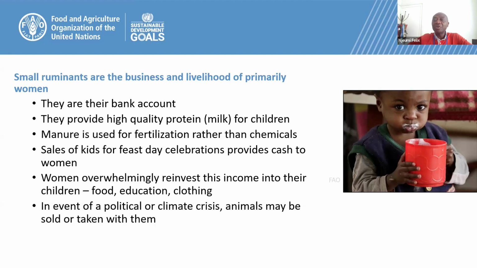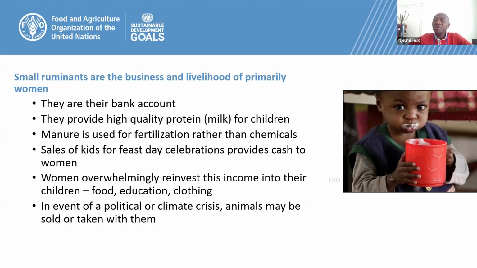Why their bank account? Because anytime they want to send their kid to school or bring their kid to the hospital, they will take one goat, go and sell it, and you have money to bring their children to school, to pay the school fee, or to pay any other expenses of the household.